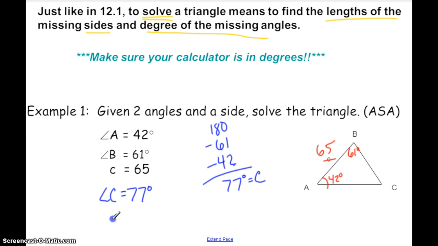I still need to find side B and side A. It's not a right triangle, so I can't use the Pythagorean theorem, and I can't use my sines, cosines, or tangents. But I can use the law of sines, because now I have a pair: this pair right here, 65 and 77 degrees.